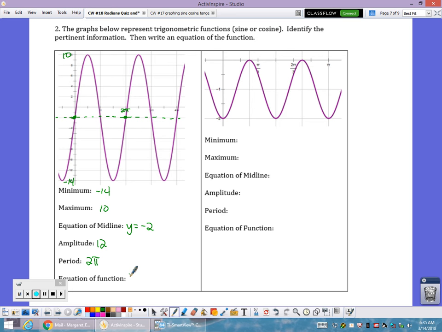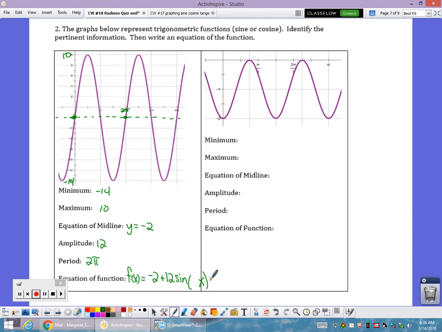So we know, let's write an equation, say f of x is equal to, we've got our midline plus the amplitude times sine. How did I know it was sine? I looked here, it started at the midline, it's positive, starts going positive. Sine of, and I have to figure out what goes in here with my x.